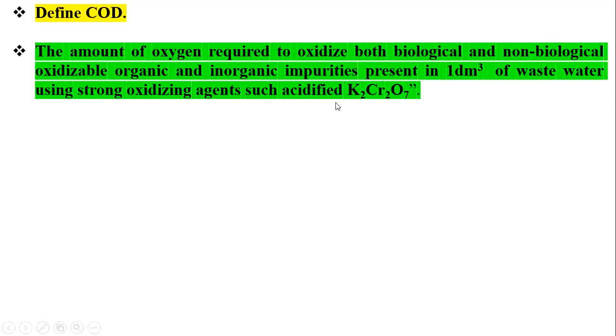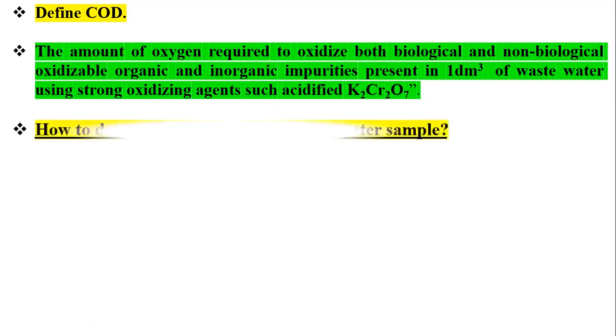In this experiment, we require a strong oxidizing agent such as K2Cr2O7 only, but not other mild oxidizing agents. Mild oxidizing agents will not oxidize all the chemicals, so that's why K2Cr2O7 is preferable.